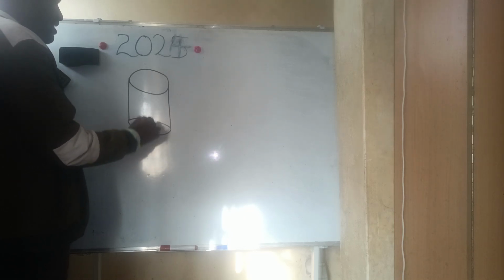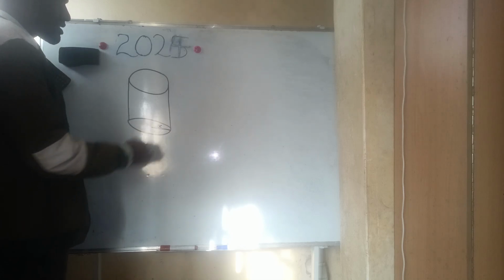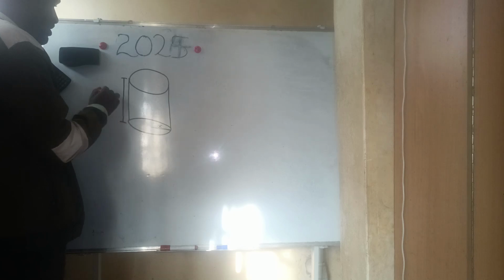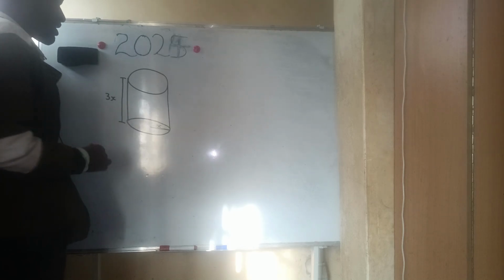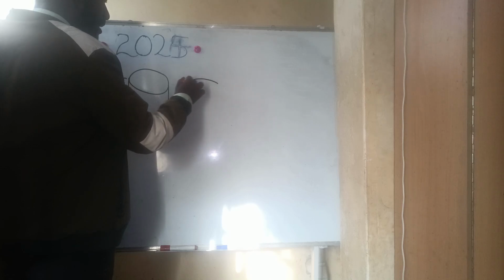The cylinder has a radius x centimeters, and the height of that cylinder is given as 3x. And you are told that this same examiner has a hemisphere.